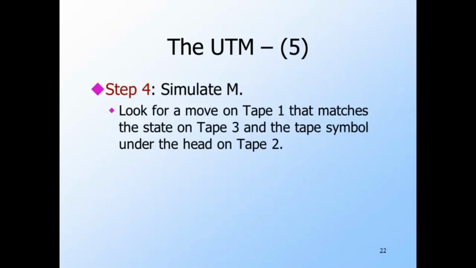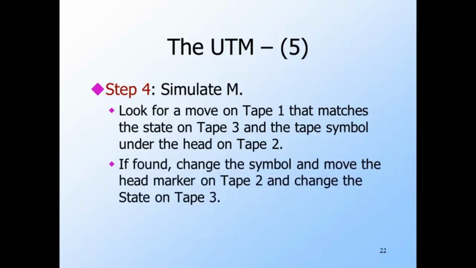We have the current state on tape 3 and the tape of M represented on tape 2. We scan the moves of M on tape 1 until we find a move that matches both the state and this tape symbol. If we can't find one, then apparently M halts without accepting W, so the universal machine does so as well. But if we find a match, we'll find right after that on tape 1 the new state, which we install on tape 3, replacing the old state.